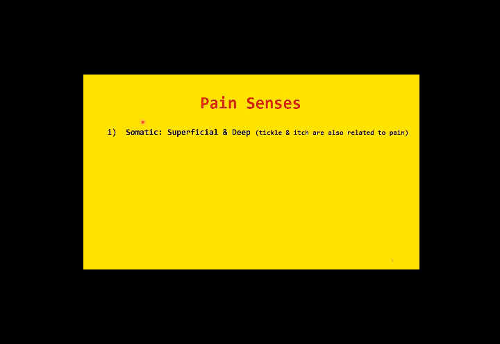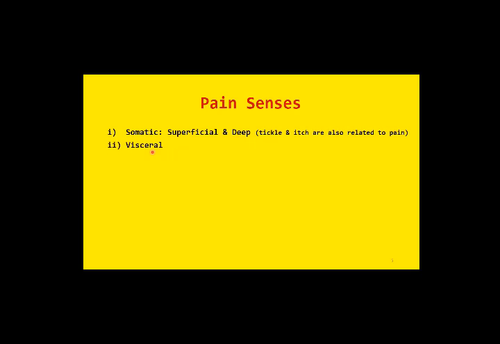Soma means body. And if it is on the surface of the body, this is labeled as superficial pain. And if the pain is arising from deep tissues, this is deep pain. So somatic pain includes both superficial or surface pain as well as deep pain.